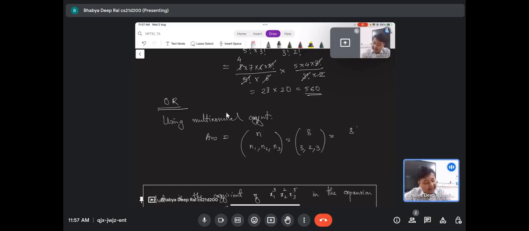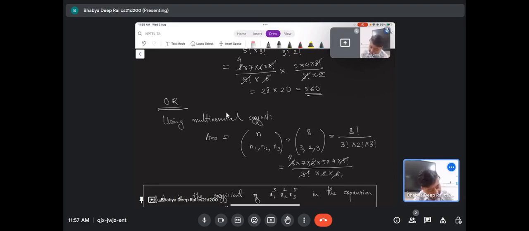Or I can simplify it to verify: 8 factorial divided by 3 factorial times 2 factorial times 3 factorial, which is equal to 8 times 7 times 6 times 5 times 4 times 3 factorial divided by 3 factorial times 2 times 6. I'll cancel this off, and let me cancel off 2 times 4. Okay, good. Now 6 and 6 can be cancelled off.